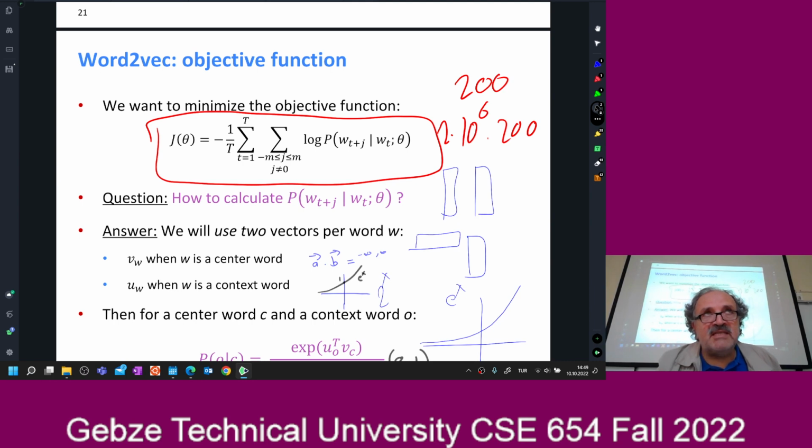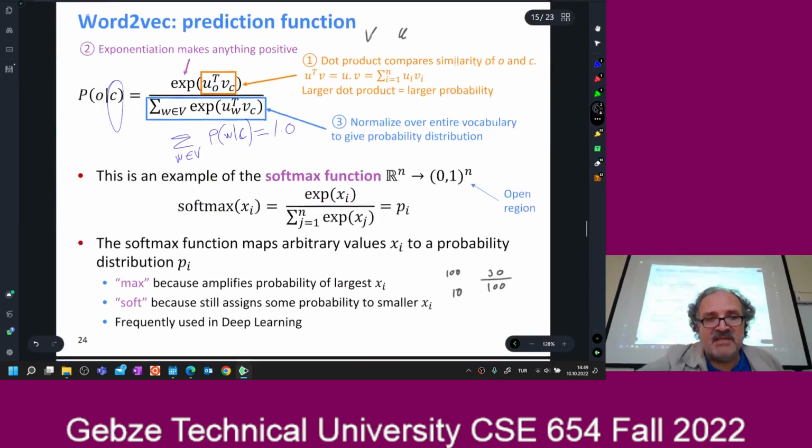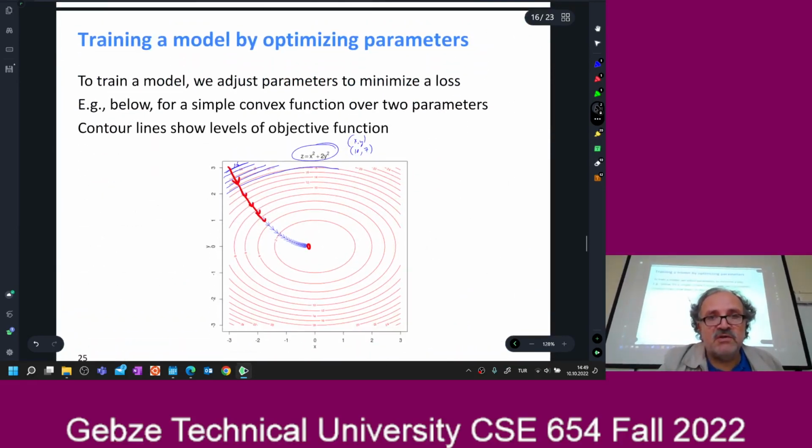So assigning random numbers from the beginning and making small modifications to those numbers will not work very well. We have to find something better, and we are going to use this gradient descent approach that works very well.